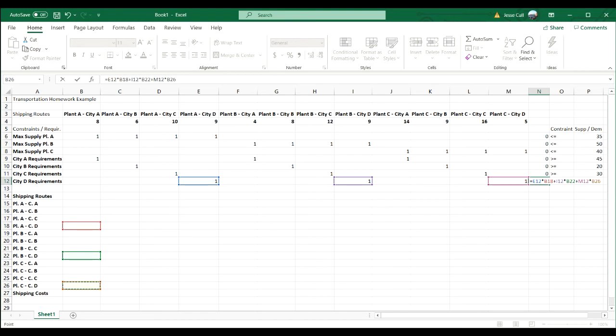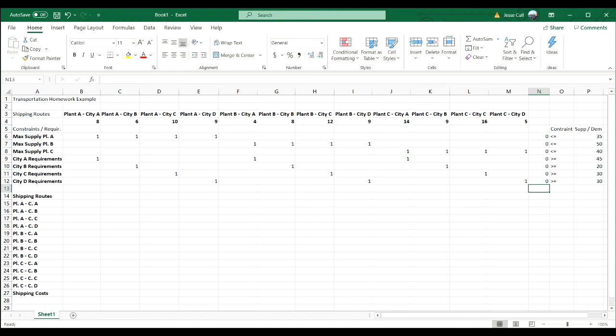That's what we've done to complete our constraint equation. Now the final thing we have to do, as always, we go to our solver bar. We come over here. Now we have to sum the total of all the cost per route times the total routes.